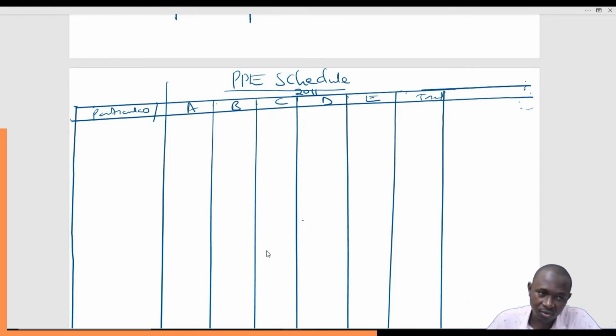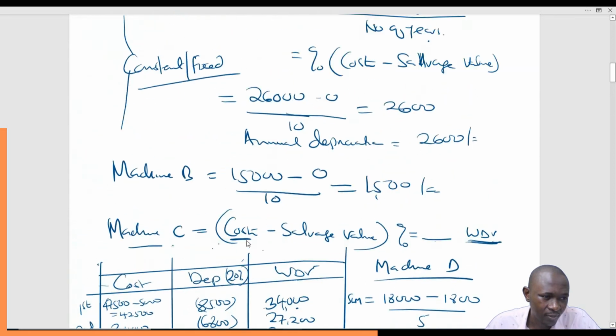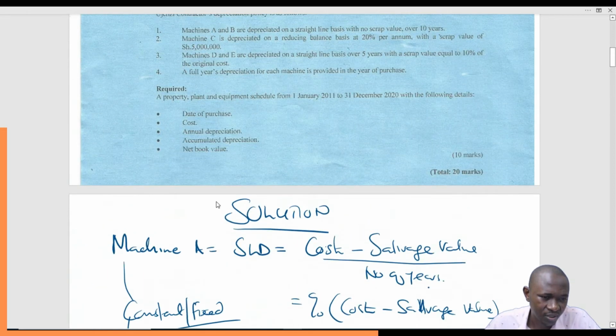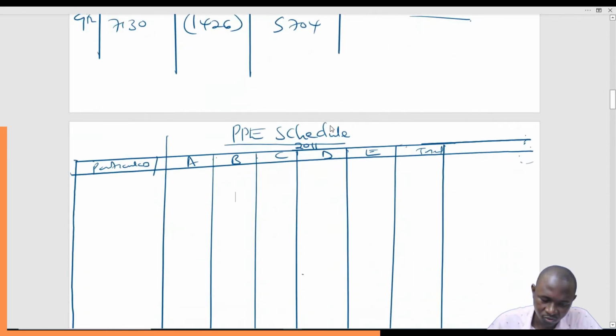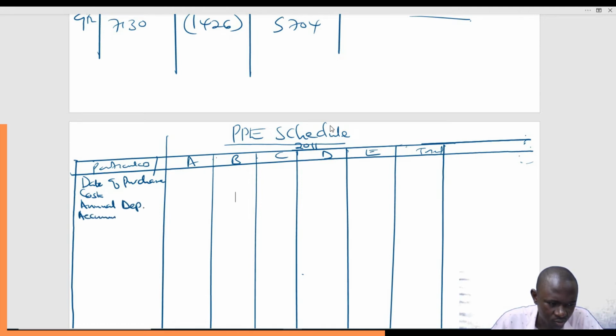Under year 2011, we are going to have all these headings: date of purchase, cost, annual depreciation, accumulated depreciation, and net book value.